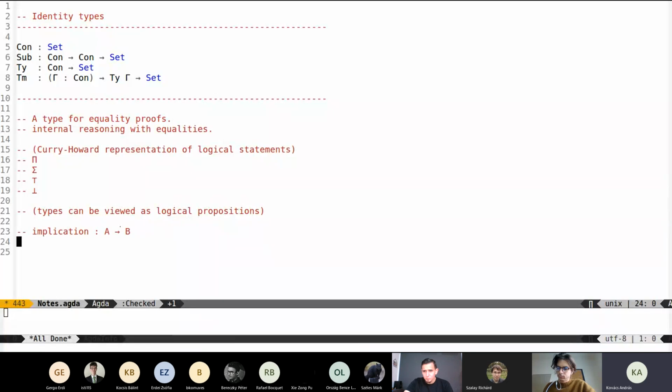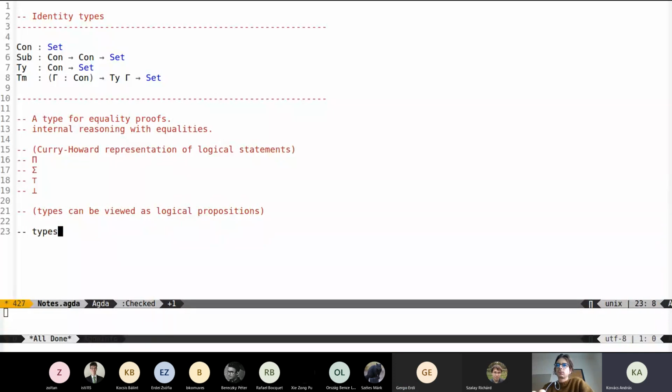If I have a function from A to B, then I view it as a proof that A implies B. Let's just make a table.